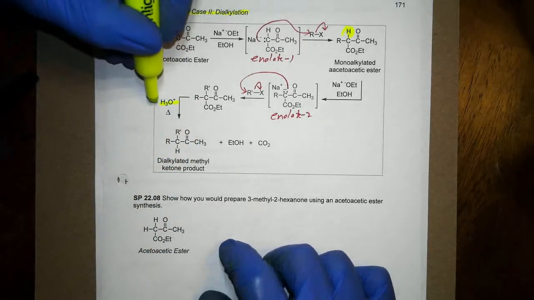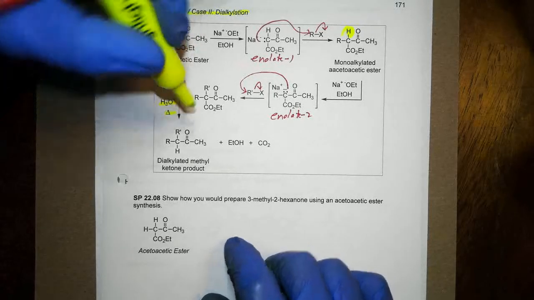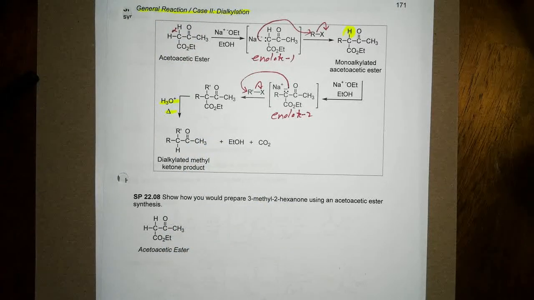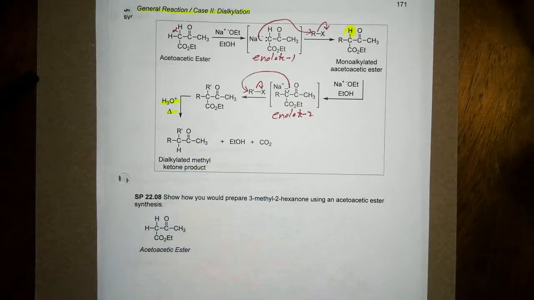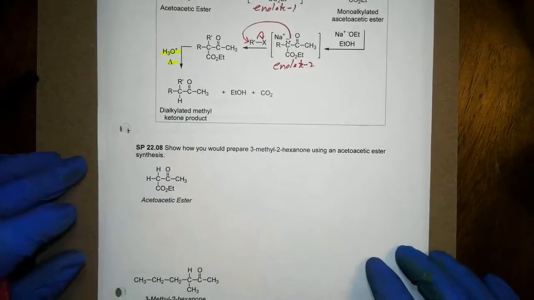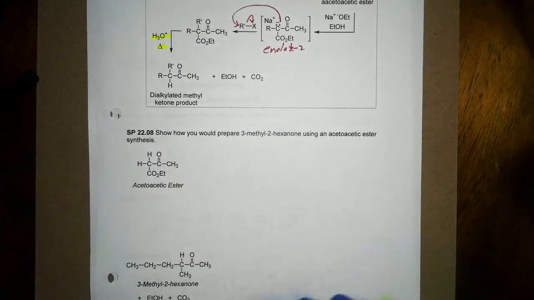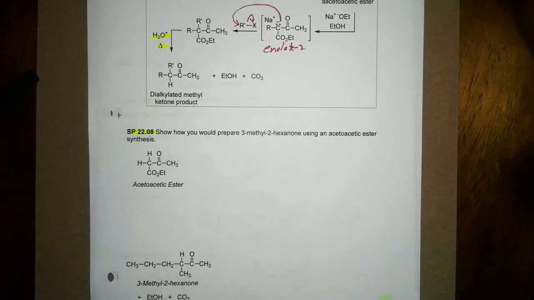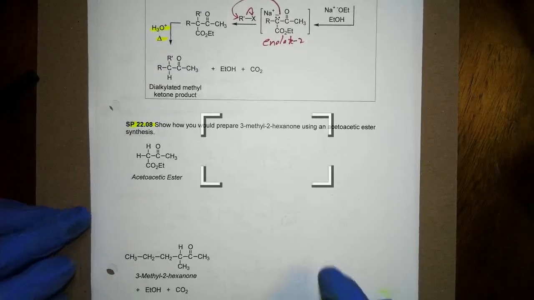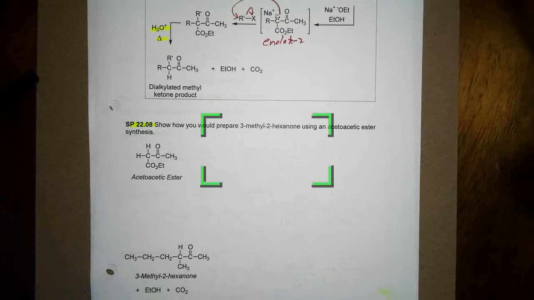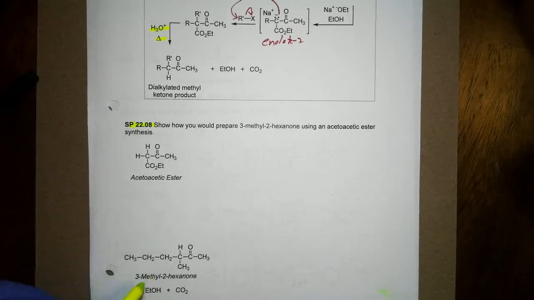At this stage, you hydrolyze the esters, you heat it, and you end up with your final dialkylated methyl ketone product. Let's try one of those. So look at sample problem 22.08. Here's acetoacetic ester, and what we want to do is convert it into 3-methyl-2-hexanone.